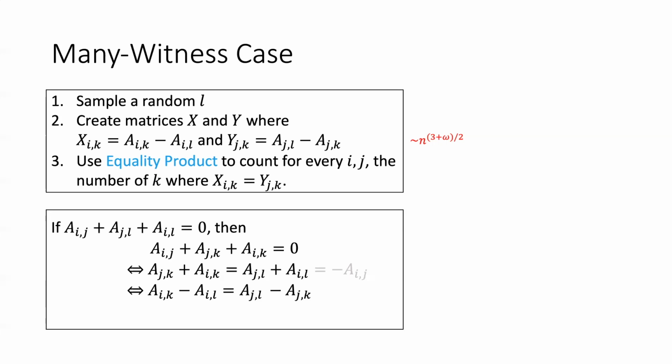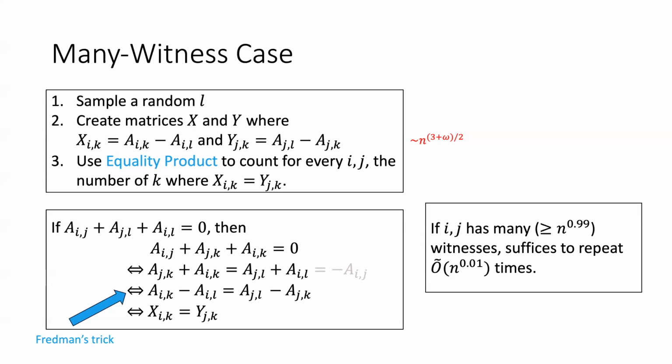And then by rearranging the equality, we get that A_ik minus A_il equals A_jl minus A_jk. And this step is exactly Fredman's trick. And finally, by definition of X and Y, we get that X_ik equals Y_jk. And we already have the count for the number of such k. Therefore, by reading the result of the equality product, we will be able to get the number of k such that ijk is an exact triangle.